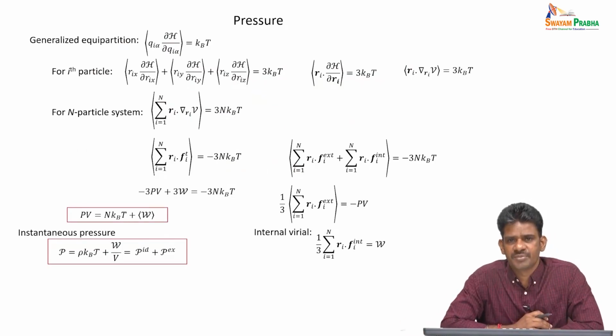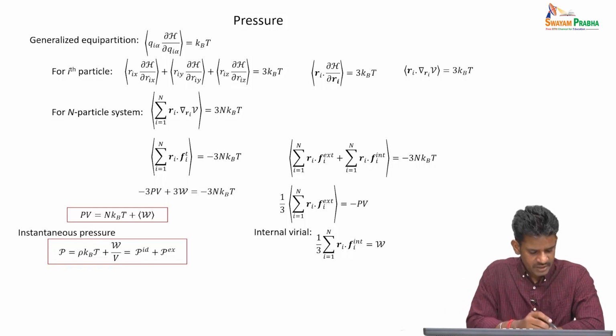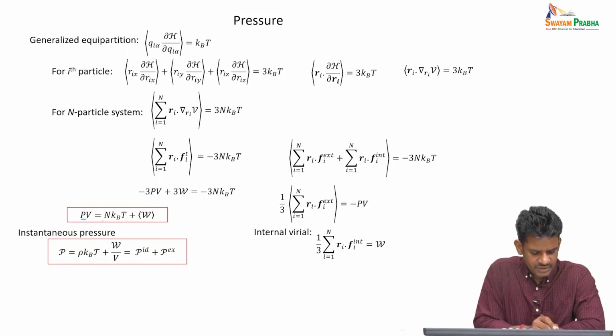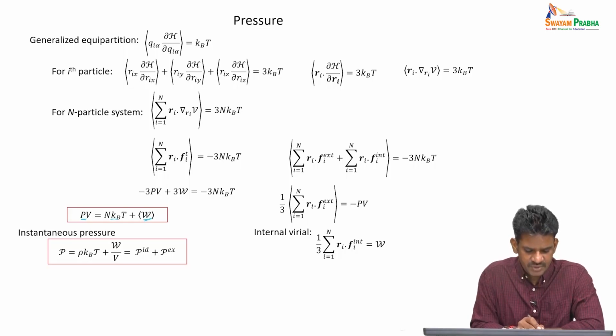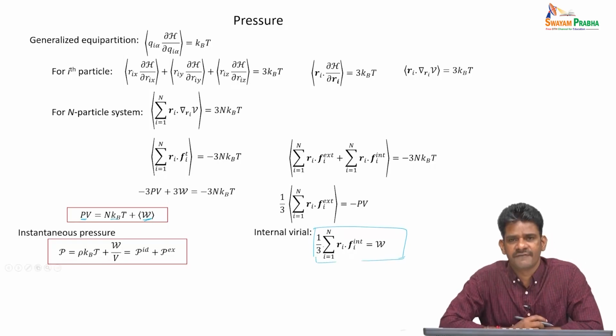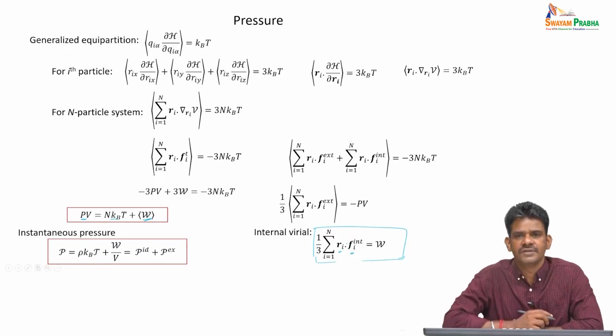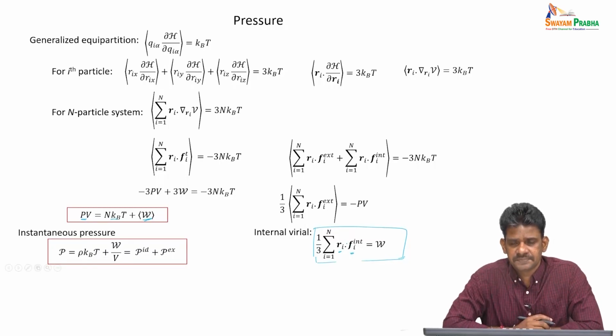Similarly, we can also measure pressure by calculating the virial equation. Here the pressure is linked to an ideal part and a non-ideal part. This non-ideal part is nothing but the virial, and the virial is defined as the sum of the dot product of r times f, where r is the position of the particles and f is the force acting on that particular particle.